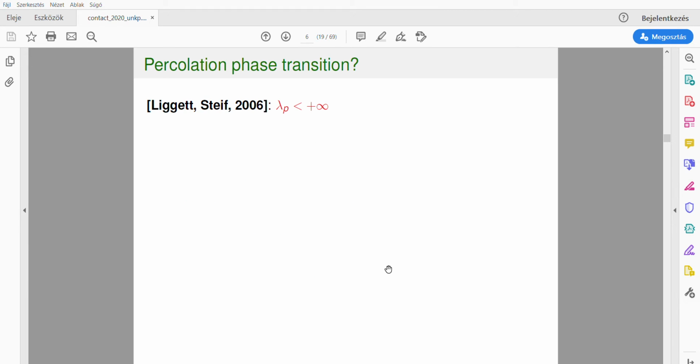And here's a theorem by Tom Liggett and Jeff Steif from 2006. What they prove is that lambda p is finite.